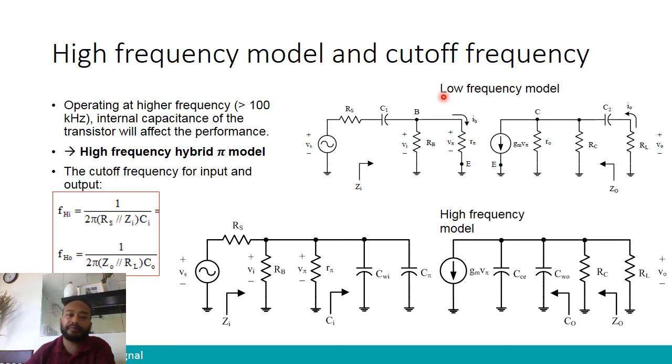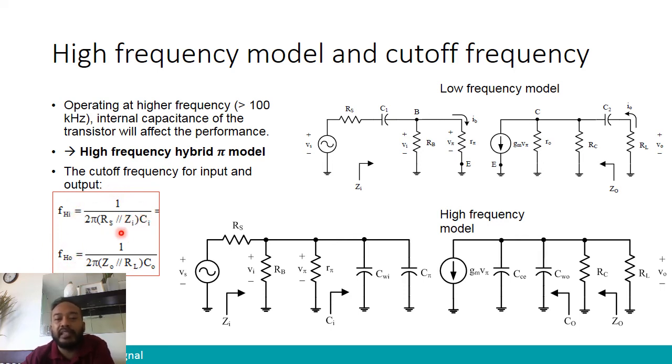Okay, so another thing that we need to specify is that there is a cutoff frequency in which the amplifier will work properly. Beyond those frequencies, it will not work properly. So there are two cutoff frequencies, one related to the input, FHI, and one related to the output, FHO.